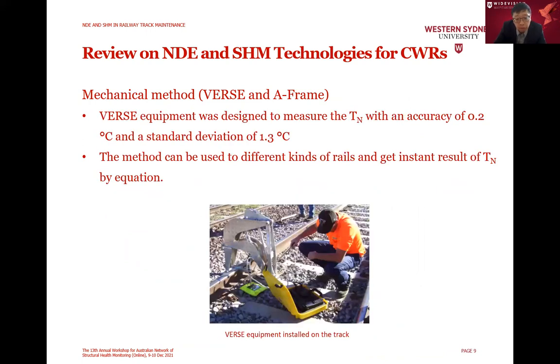You can see the installation of this equipment. It lifts the track, and then we measure the temperature. This equipment was designed to measure the neutral temperature with an accuracy of 0.2 Celsius and a standard deviation of 1.3 Celsius. It can be used on different kinds of rails and gives instant results of the neutral temperature by equation.